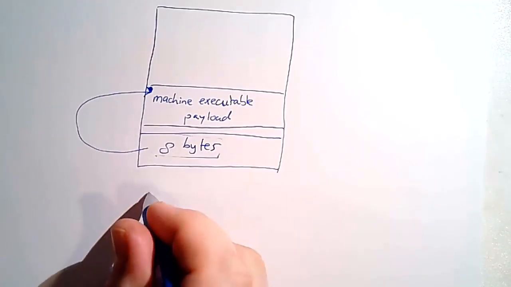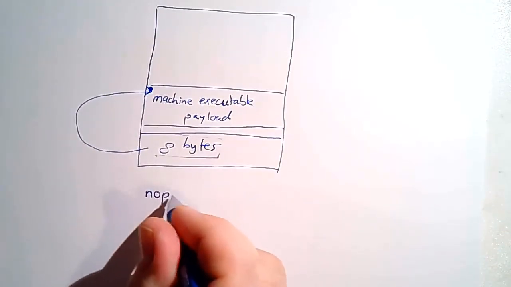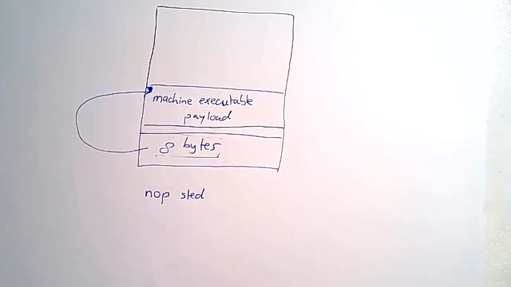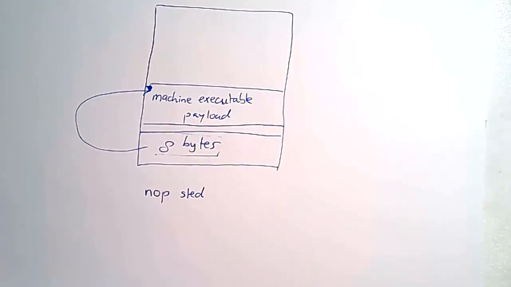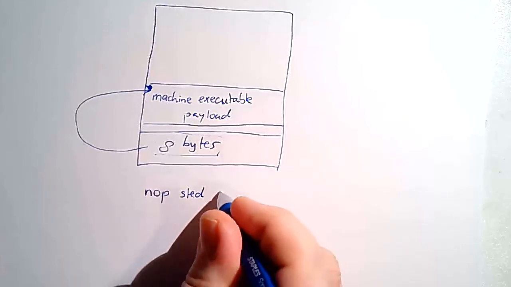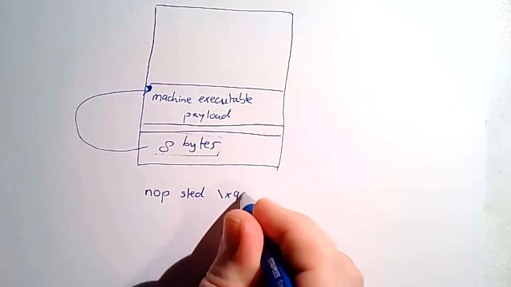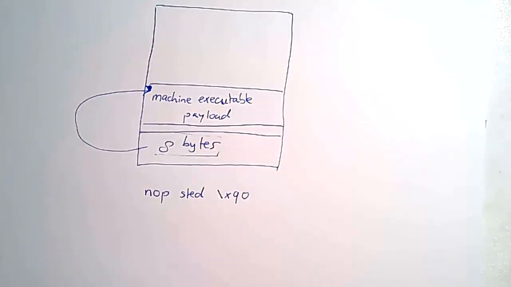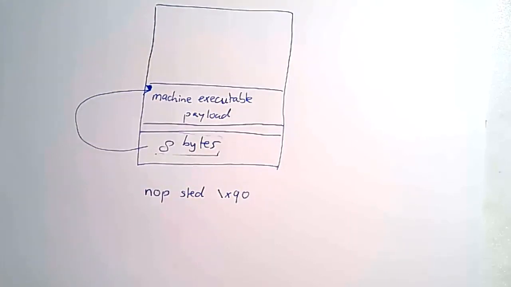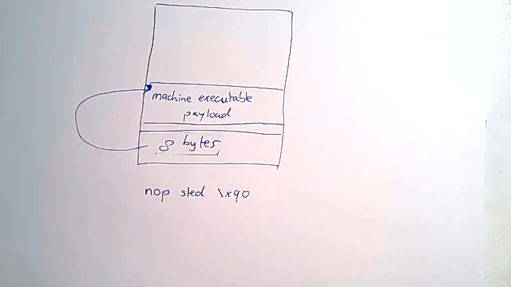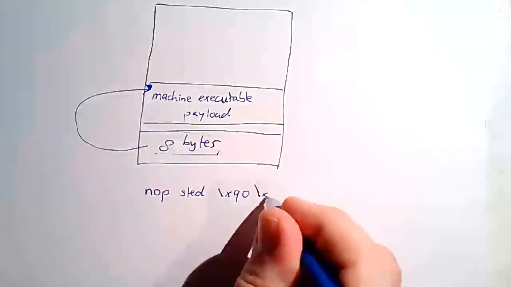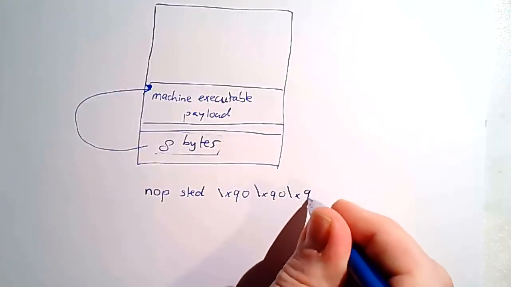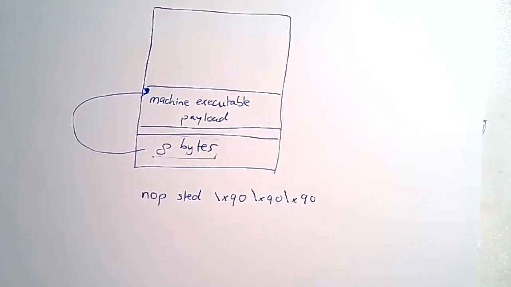We typically start with something called a NOP sled. The NOP sled is a special Intel command, hex 90, which says to the processor, don't do anything. But it's a valid command, and if I have a bunch of those in memory and I can inspect my memory, I can recognize where I am.